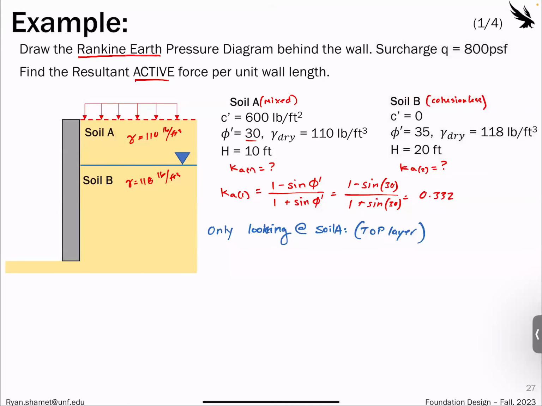Also remember that everything is going to be transferred down vertically, and everything that has a vertical stress needs to be multiplied by this Ka1.